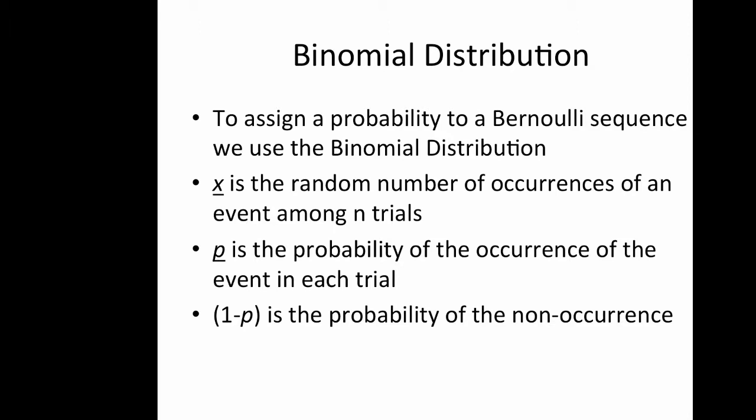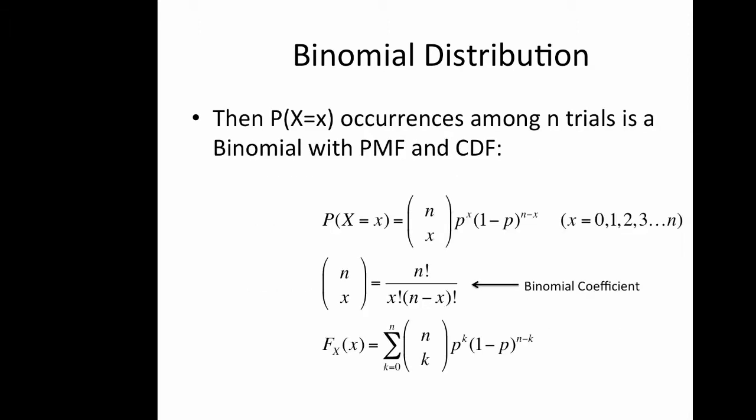With these definitions, we can define the probability that our random variable X takes on some value x among n trials as a binomial distribution with PMF, for probability mass function, because we are discrete. We're not continuous in this case. The first couple of distributions that we looked at were continuous, the Gaussian and the log normal, but now this is a discrete probability, so it's a probability mass function.